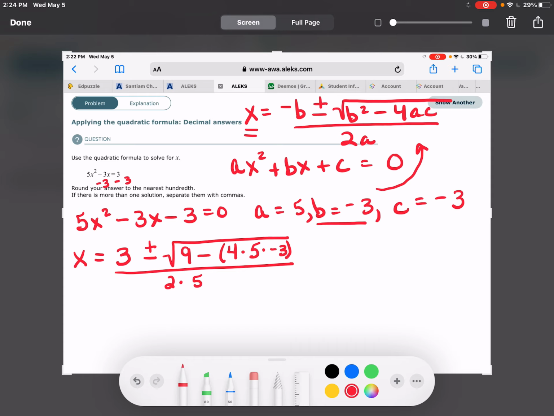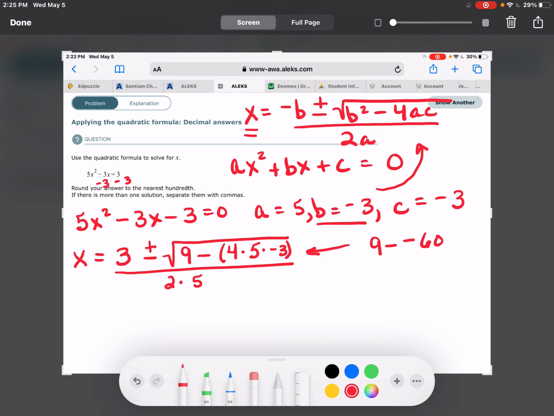All right, let's simplify this a little bit. I have 4 times 5, which is 20, times negative 3. So underneath here, let's just do this math. 9 minus negative 60. And I'll just make sure I'm not making weird math mistakes. I have 4 times 5 times negative 3, which is negative 60.